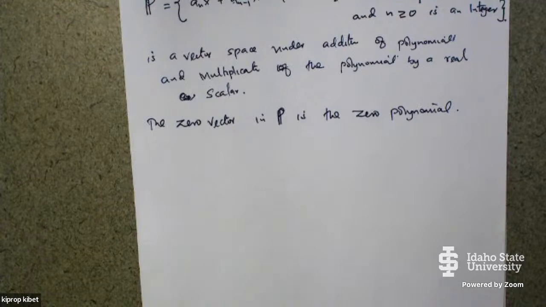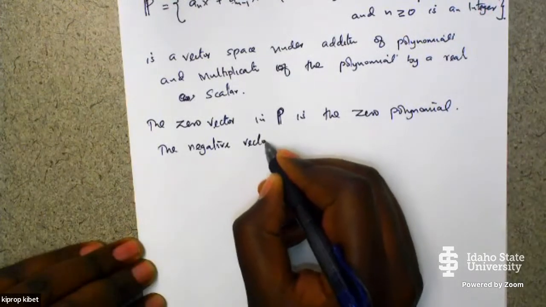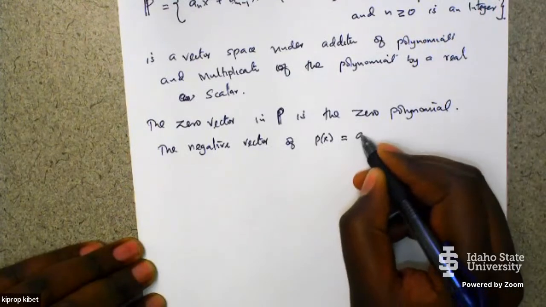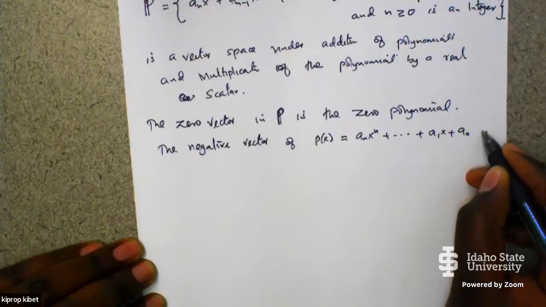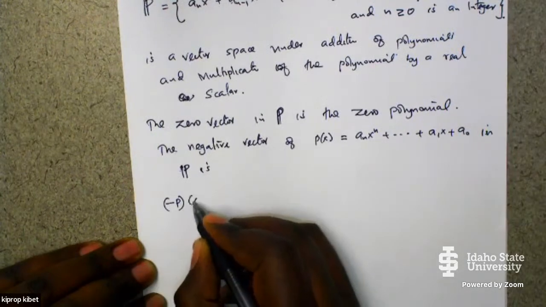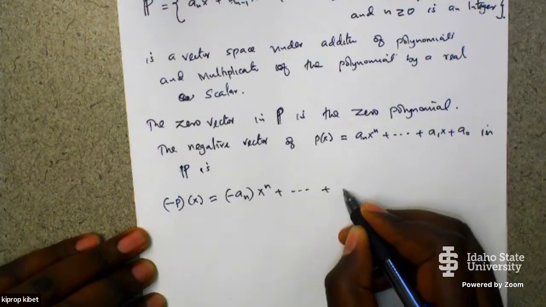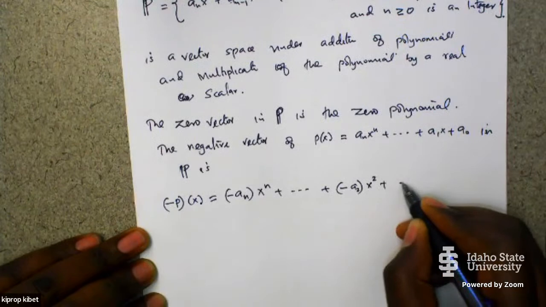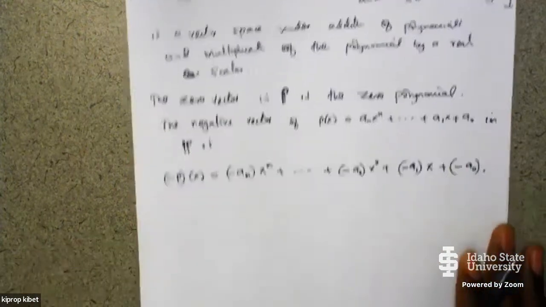Also, the negative vector of p of x equal to a_n x^n plus a_1 x plus a_0 in P is negative p of x, which is equal to negative a_n x^n plus negative a_2 x squared plus negative a_1 x plus negative a_0. That is also in P.